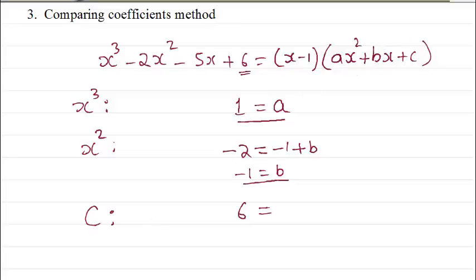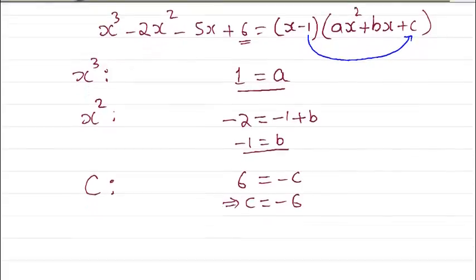On the right hand side, the answer is only going to come from one place, when you multiply minus 1 by c, which is basically minus c. Multiply both sides by minus 1. That means c is equal to minus 6.